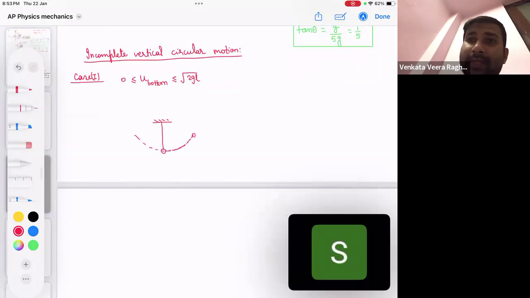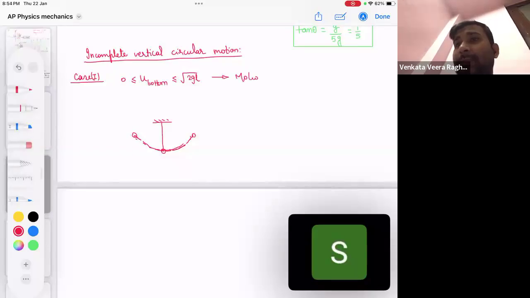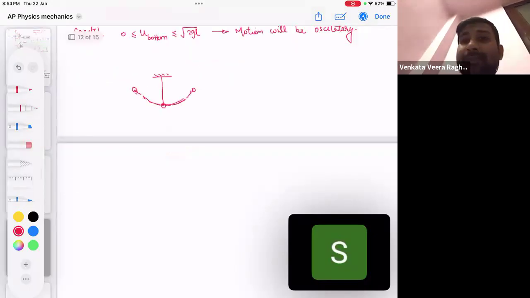It will go to the other side, same angle, and keep on doing what kind of motion? Pendulum motion, or you can say that motion is going to be oscillatory. If you give the velocity even less than root 2 GL, it's incomplete vertical circular motion.